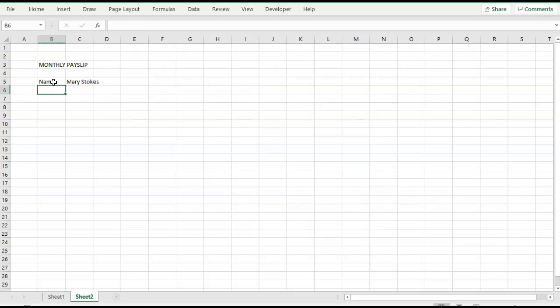You're going to have to indicate on the payslip what period of the year you're using. So we're going to be using period 1, which is January. You also have to have on the payslip the person's NIS number.